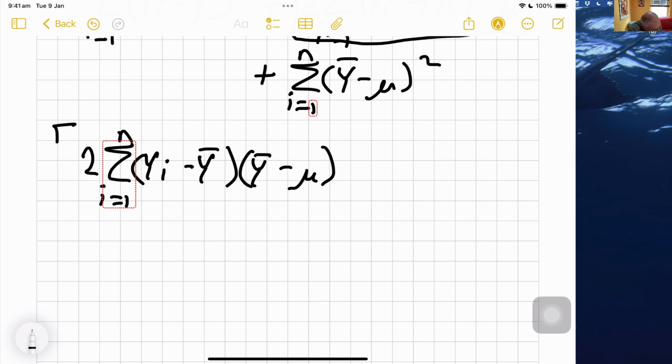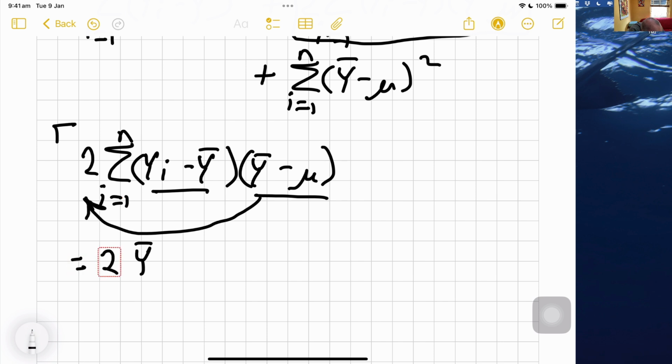The first thing to notice is, what things have an i in them? This has an i in it, so it has to stay there. But this whole term doesn't, so it can come out the front. So this equals 2 times (y bar minus mu) times the summation as i goes from 1 to n of (yi minus y bar).